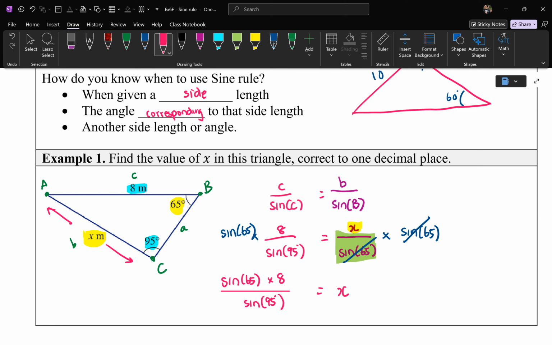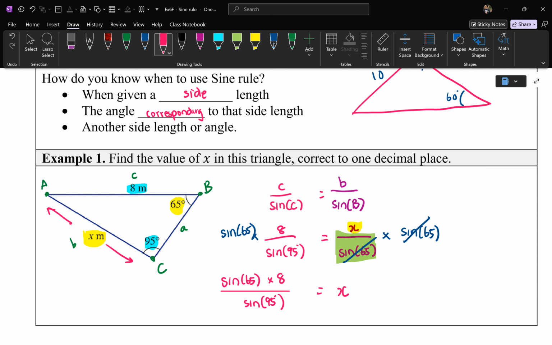Try it on your calculator. See what you get. I'm going to type it on my phone calculator while you're doing that. Let's see. Sine 8 divided by 8 times sine 65 divided by, what's that?